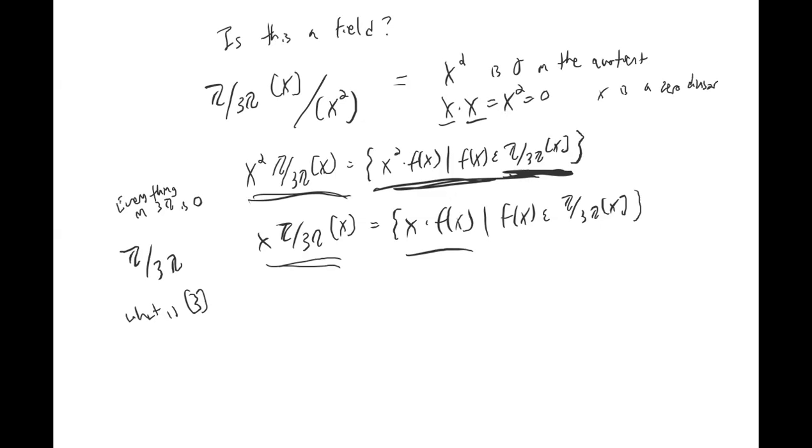And question, can a field have 0 divisors? No. So here's another proof that this can't be a field, because this ring has 0 divisors. So you could work with the quotient, or you could work with the ideal, whichever is more comfortable for you. Everyone clear on this?